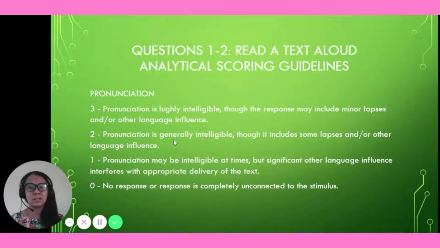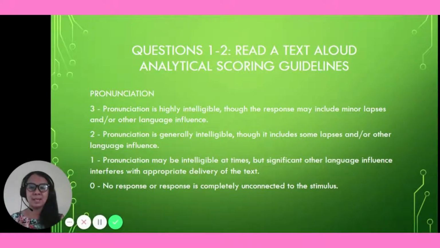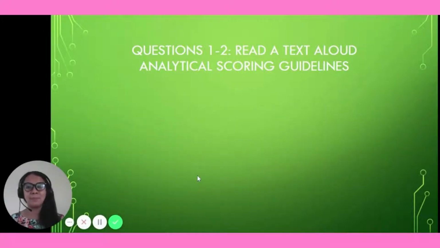Pronunciation is generally intelligible, though it includes some lapses and/or other language influence. 1. Pronunciation may be intelligible at times, but significant other language influence interferes with the proper delivery of the text. And 0. If there is no response, or the response is completely unconnected to the stimulus.